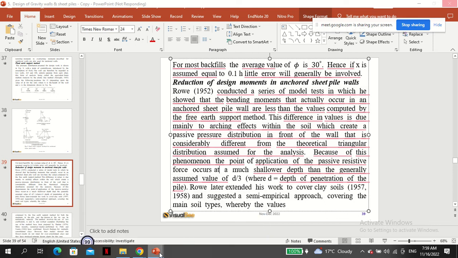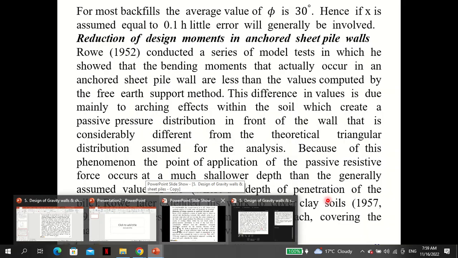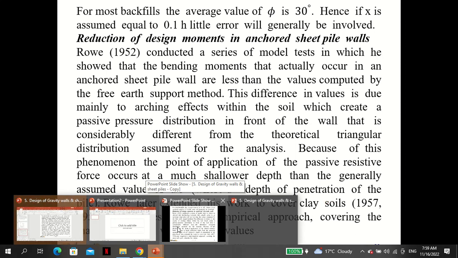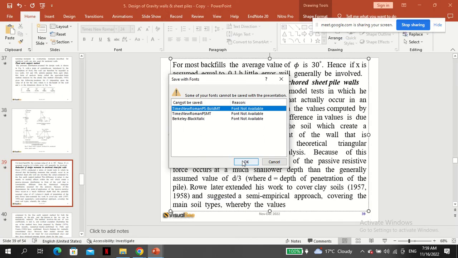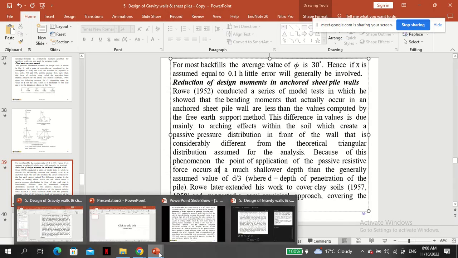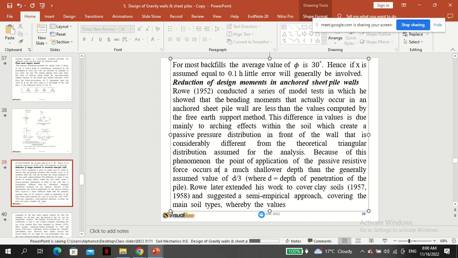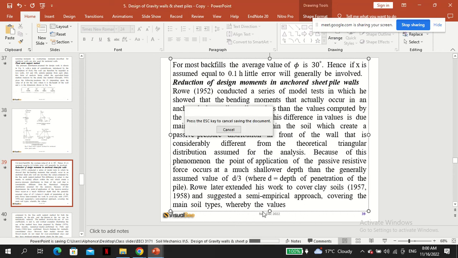Even the center of mass, the lever arm that we assume is d over 3, is in fact shorter.